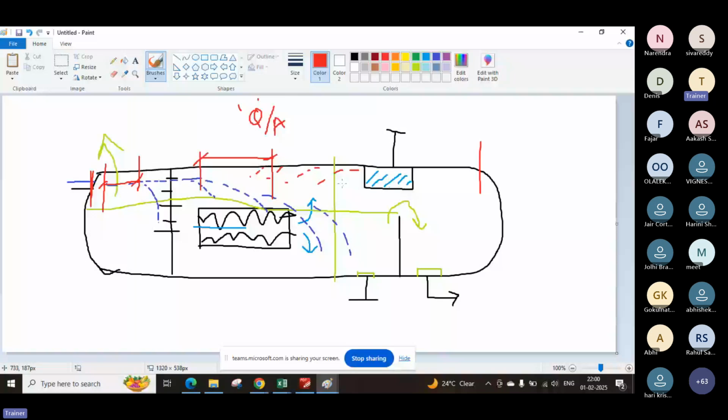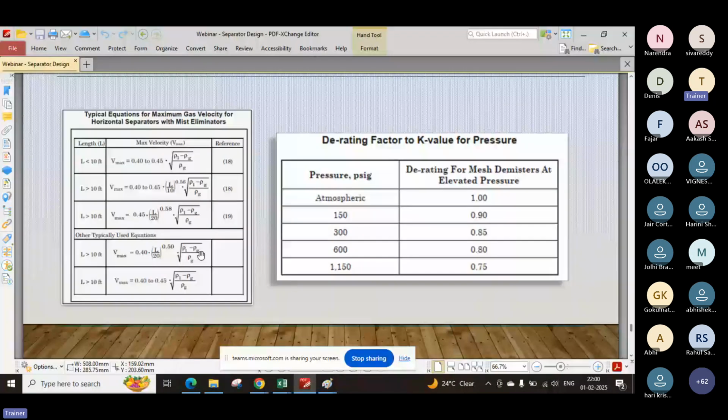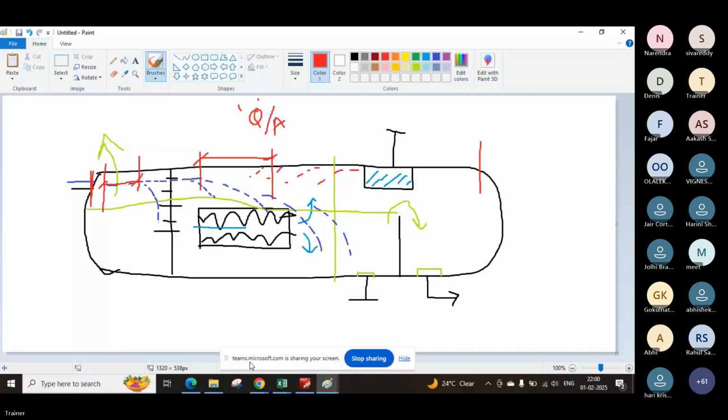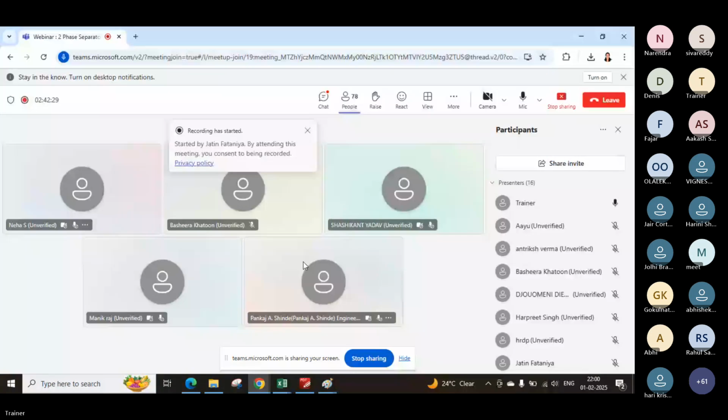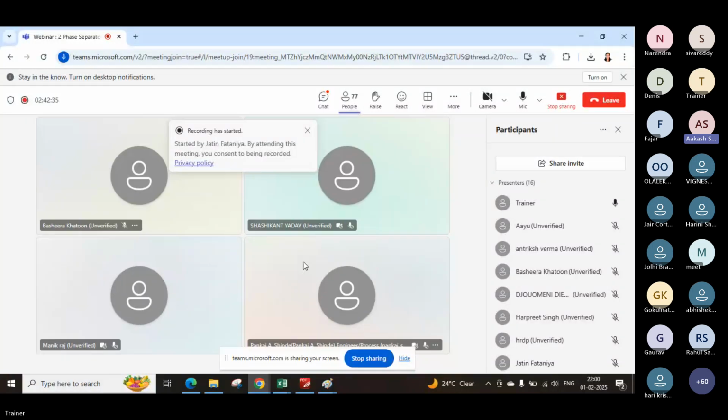That's why you have the function called as L in between. That's why it is called as Vmax. Clear? Means for horizontal we have to find Vmax because volume flow rate is changing.